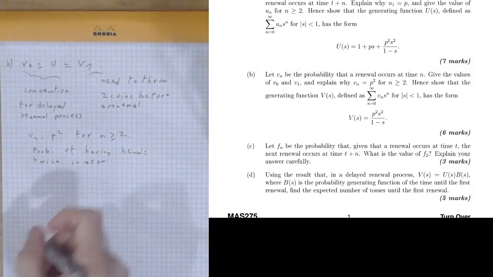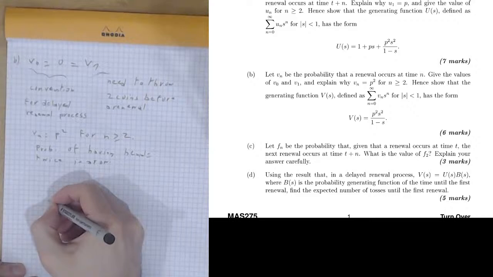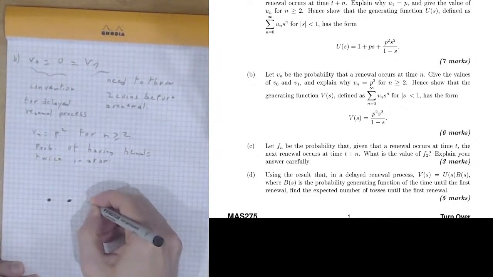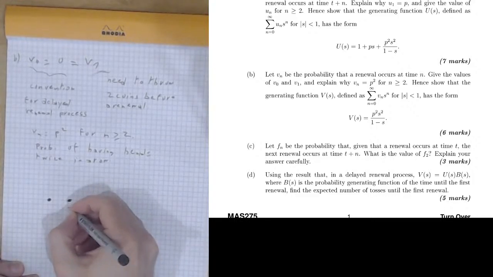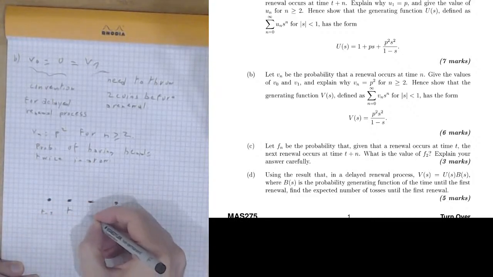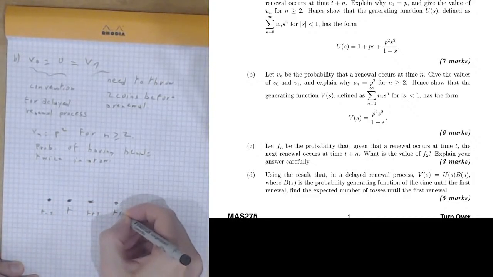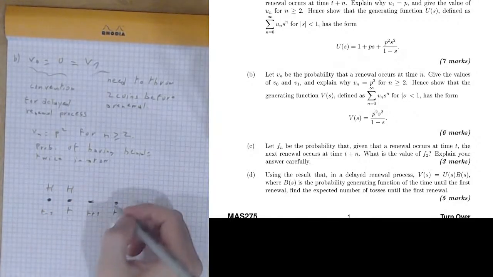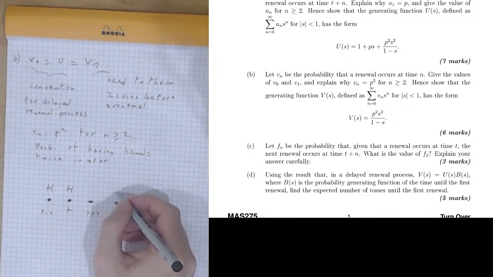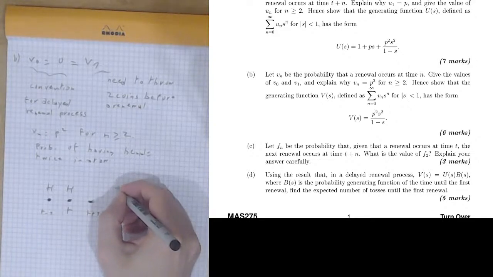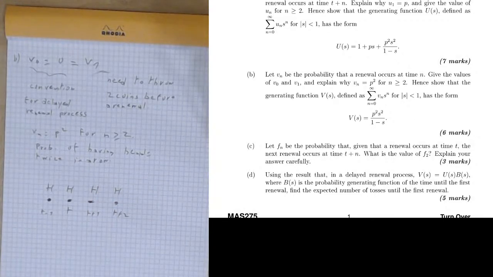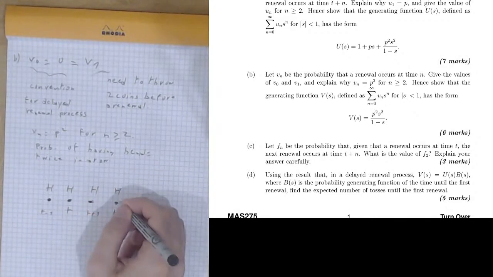So here I have t minus 1, t, t plus 1, t plus 2. We know we have heads here and here. And we want the probability of the next renewal being here. For the next renewal to be here, we want an h and also an h here, because then we have 2 in a row, so that makes a renewal.